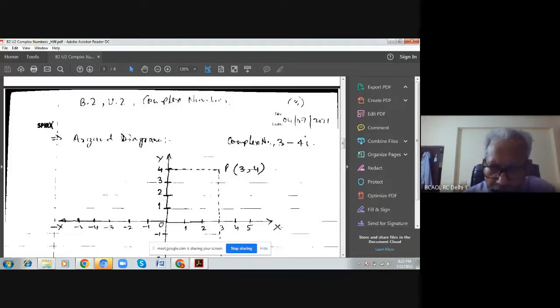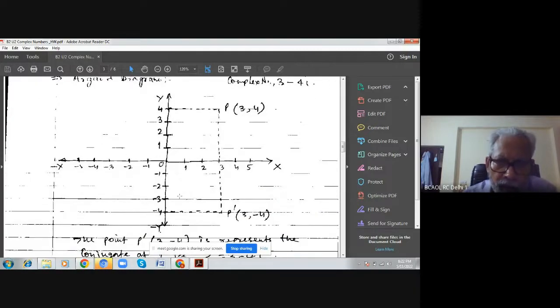So x, that is 3, you can put on one line, and 4 in the y-axis, you can take a 4. So finally the point P is equal to (3, 4), you can plot it.